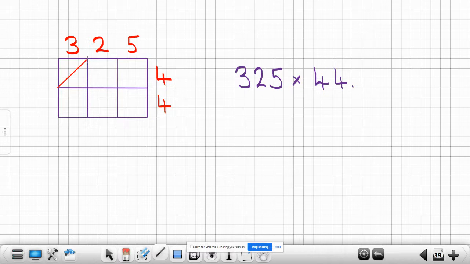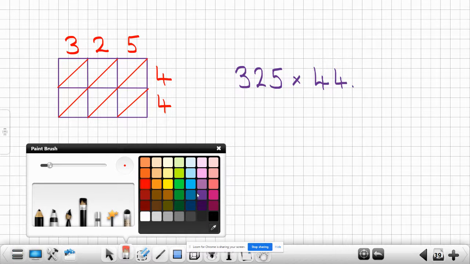And I'm going to draw in my diagonals. So from there to there, from there to there, from there to there, and from there to there. So every box has now got a diagonal in it. Good. So that's set up and we're ready to go.